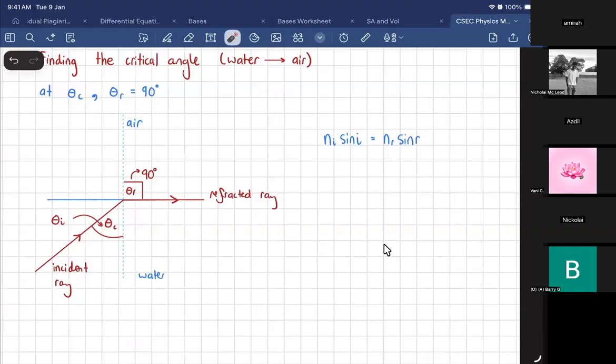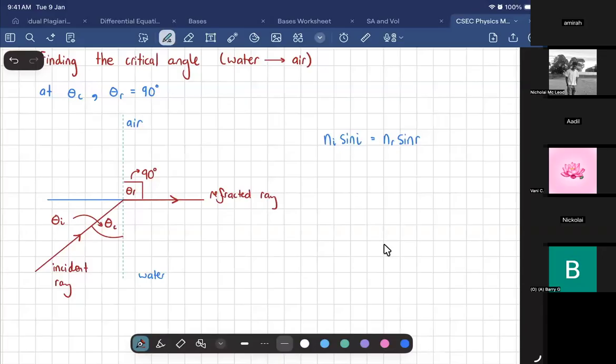Theta C is really a value for angle of incidence, but it's special because at that value, you get an angle of refraction of 90 degrees. I hope I didn't confuse it too badly there. Do you understand? Yeah.